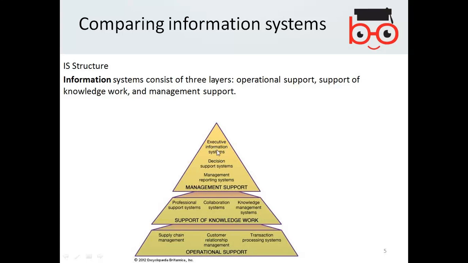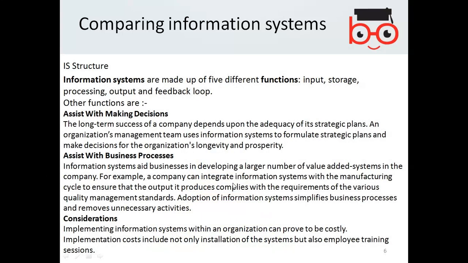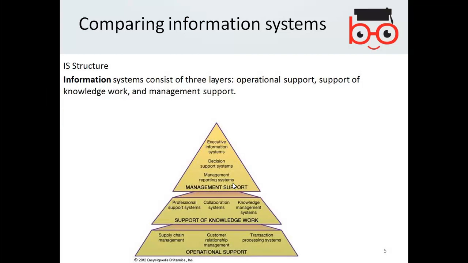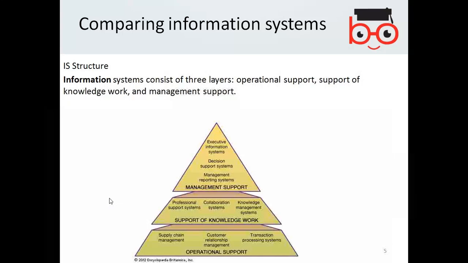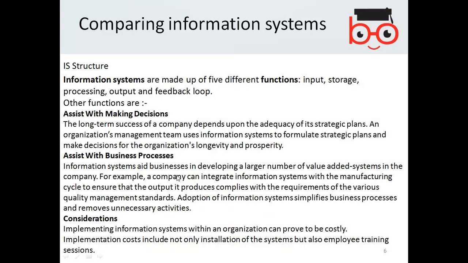Then the management support: the executive information systems, decision support systems, management reporting systems. They can fall in many places, but normally they fall in these categories: the operational support, support of knowledge work, and management support. However, another study describes the structure as input, storage, processes, outputs, and feedback loop.